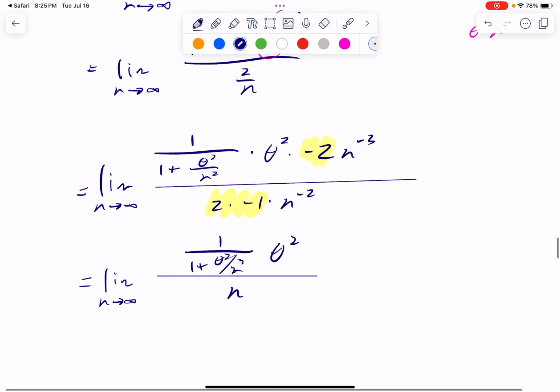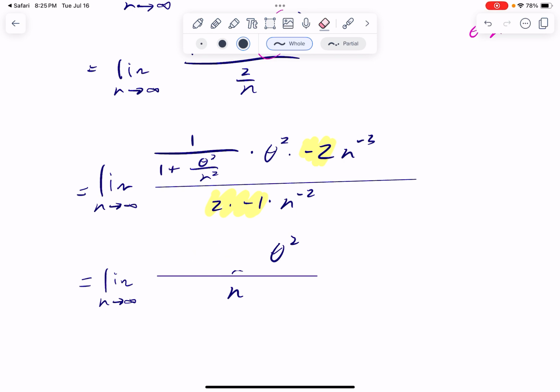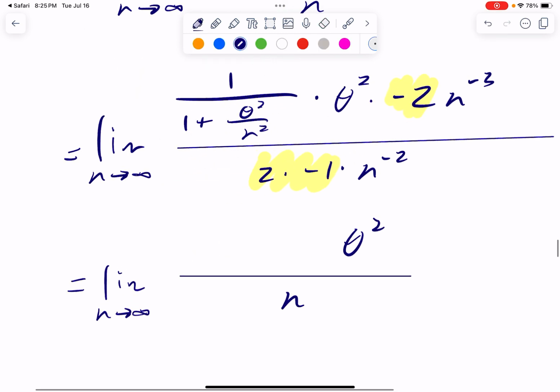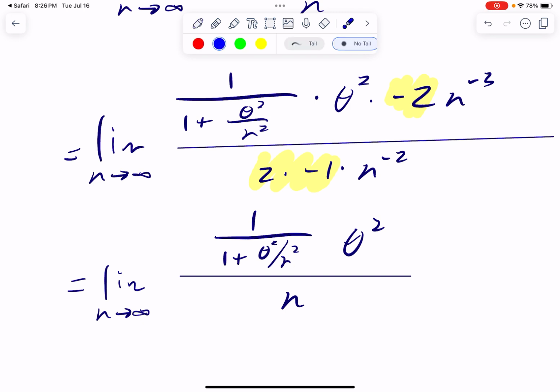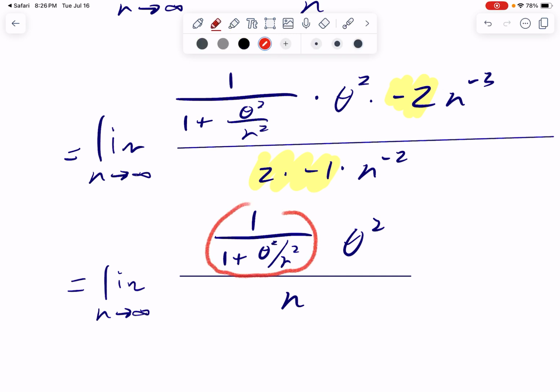Let me write this cleaner. N is growing to infinity. So this part is approaching 0, which means this denominator is approaching 1. So this whole thing is approaching 1. This is just equal to theta squared, whatever that was.